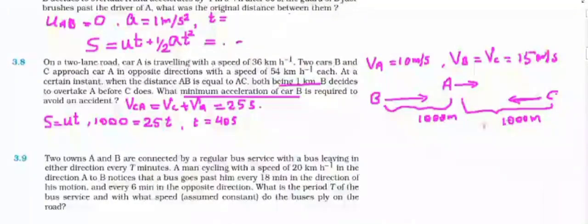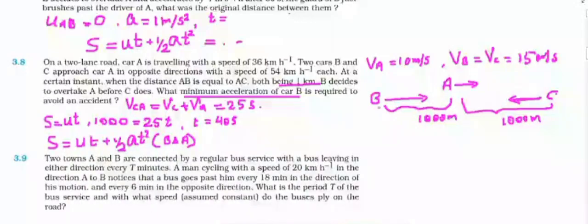Before that, B has to overtake A. So now we can calculate again using the formula S is equal to UT plus half AT square, in the case of B and A. So you can substitute the values again.